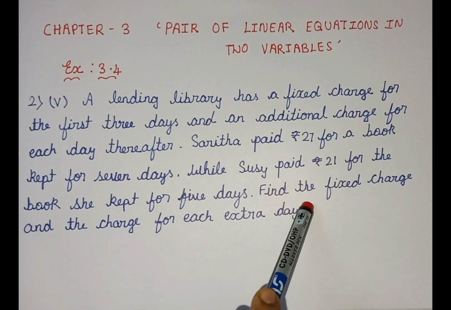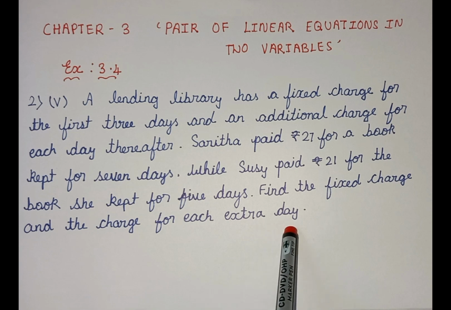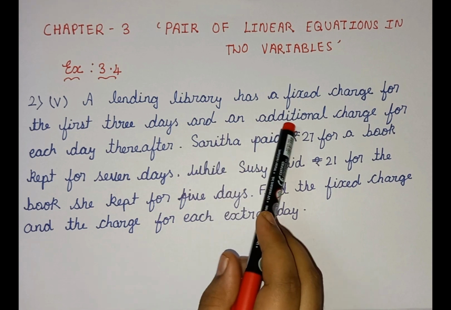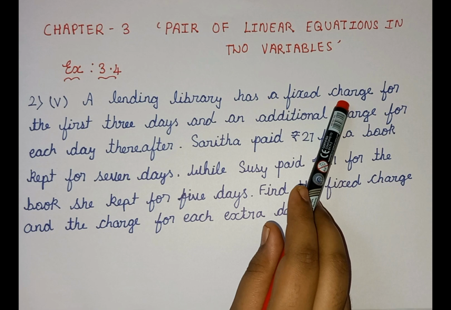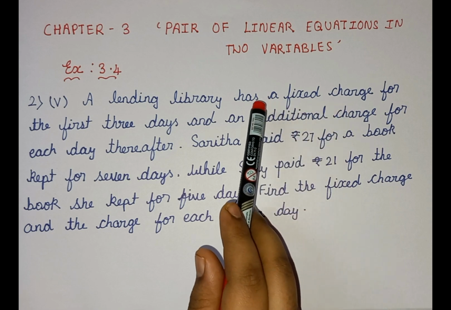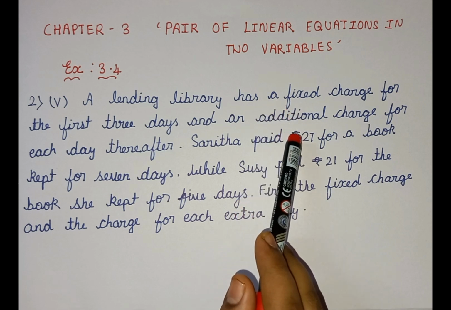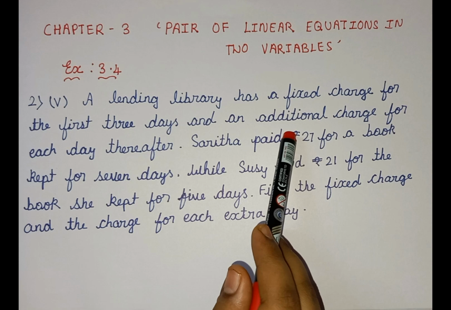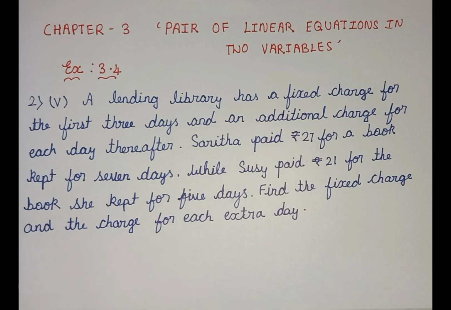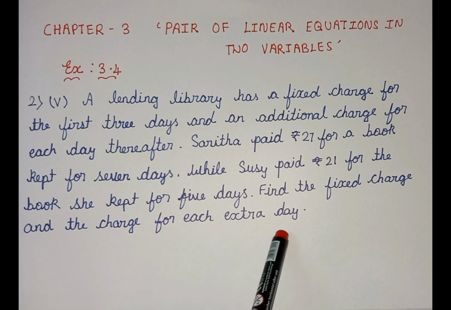So we are supposed to find the fixed charge and the charge for each extra day. They told that only for 3 days there is a fixed charge. So beyond 3 days, if they keep the book with themselves, they are supposed to pay additional charge. What is the meaning of additional charge? Extra amount.